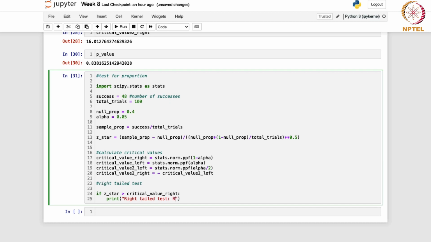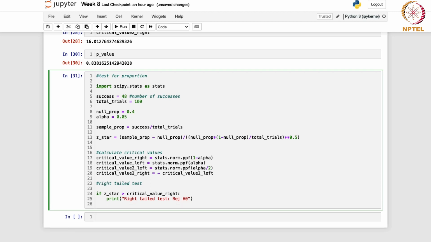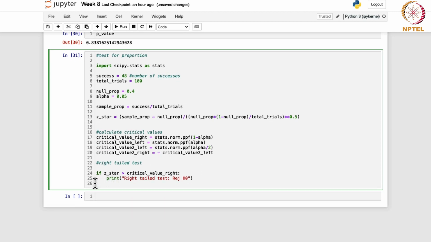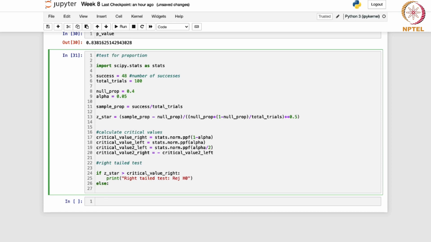You will reject the null hypothesis. Okay, so you will calculate the z star value, that is a test statistic, and you will compare it with the critical value. If it is greater than that, you will reject the null hypothesis, else you print that you fail to reject the null hypothesis.